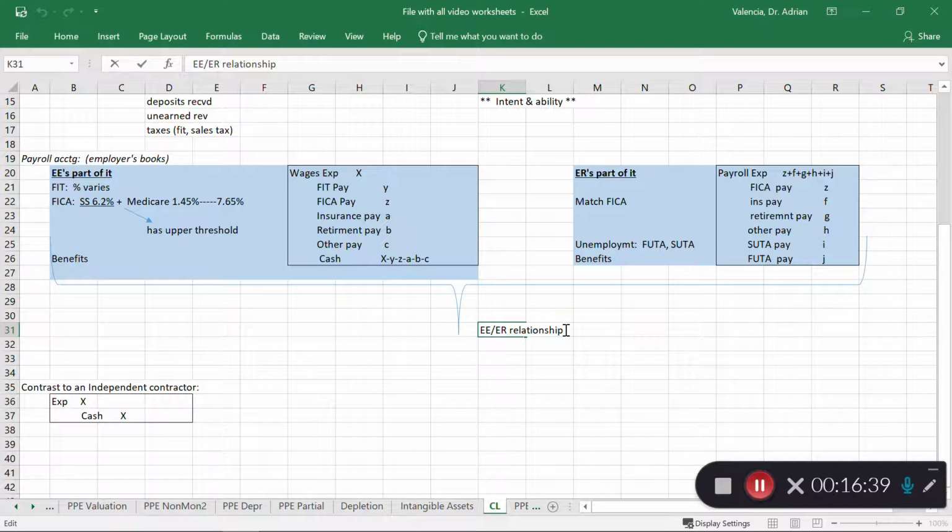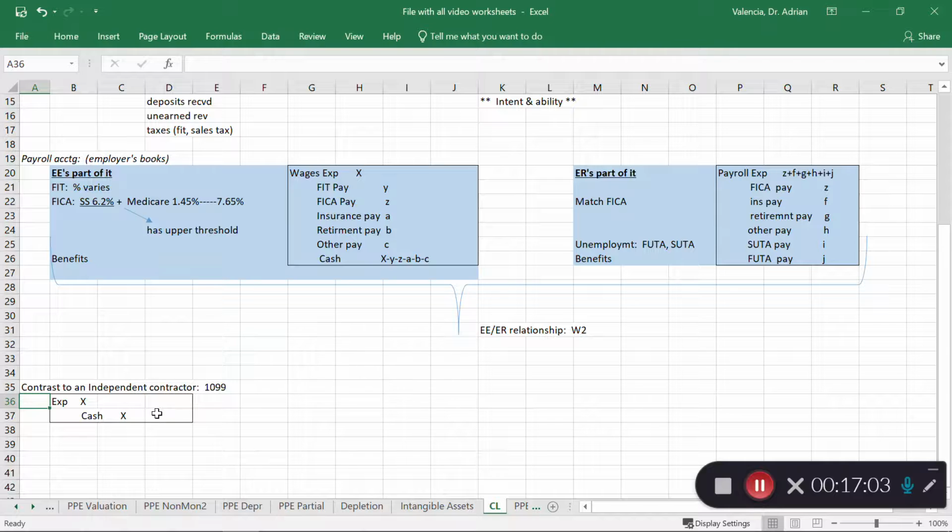If you have an employee-employer relationship, at the end of the year, for tax purposes, you get a W-2. Okay, this is what you use to prepare your tax return. Whereas if you are an independent contractor, at the end of the year, you'll get a 1099 from the employer or the company that hired you. Okay, many times these are clearly distinguishable.